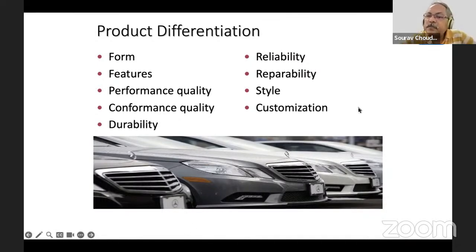So I need an automatic hatchback car with fuel economy. Okay. And my product, Maruti Suzuki Alto with an automatic version, is the best fuel economy car in the market.